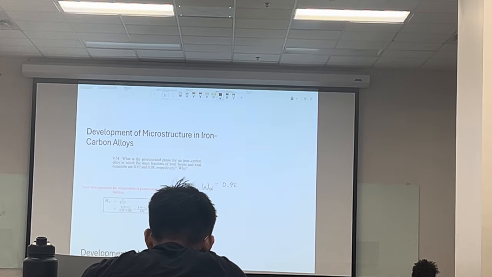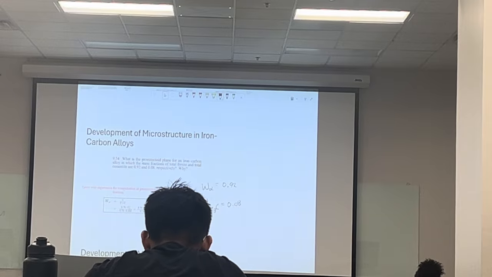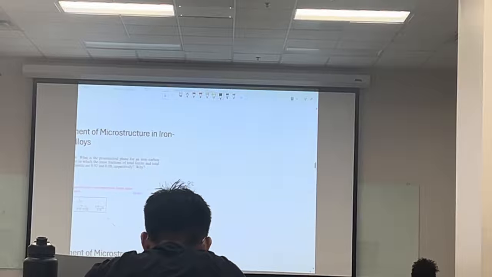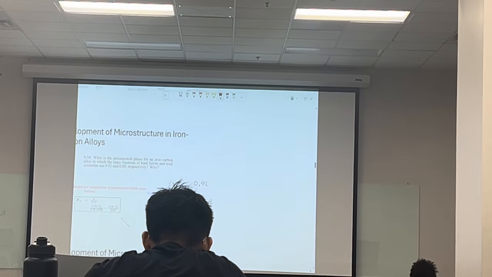And they also give it for this one here as well, for the iron carbon alloy, and they asked us to specify the proeutectoid phase. To do that, we have to use this expression that we have off to the side. So let's go ahead and plug this in.